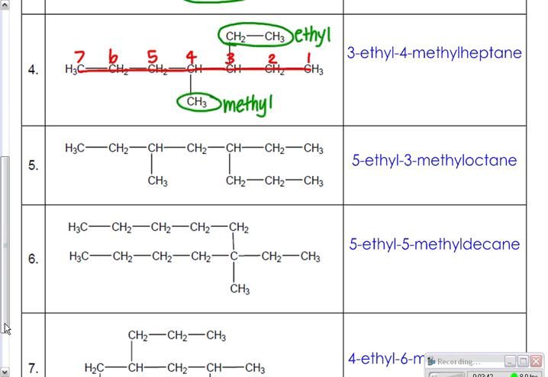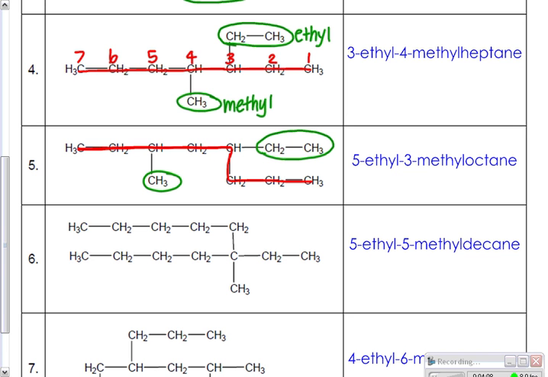On number 5, you want to be careful that you get your longest parent chain correct. If you go straight across the top, you'll find that it's 1, 2, 3, 4, 5, 6, 7. But if you check 1, 2, 3, 4, 5, 6, 7, 8, that's actually the longest parent chain. Anything that is not in the parent chain is an attachment or a substituent. Circle those.